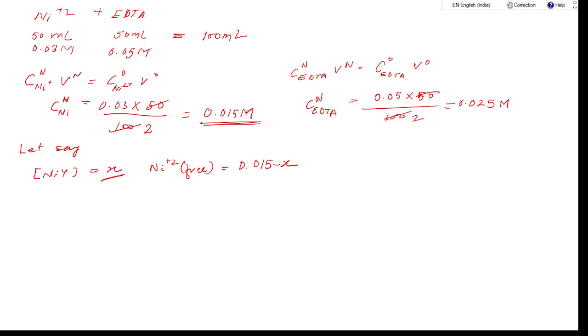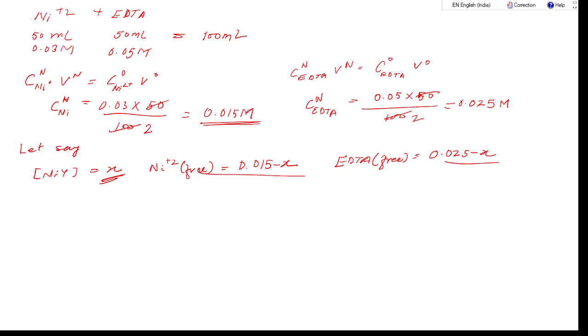If we subtract X from this, we will find the value of the free nickel ions. Similarly for EDTA, free is going to be 0.025 minus X. So this is the new concentration.